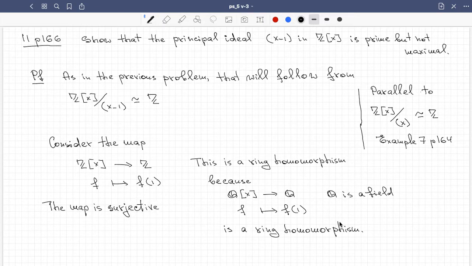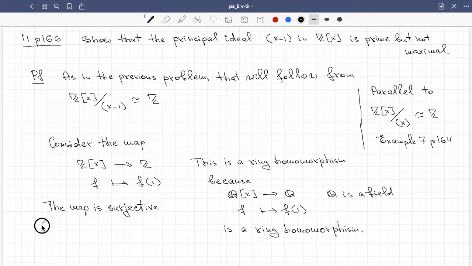We cannot derive it from this statement, but from the statement about polynomials with coefficients in the field of rational numbers, but that is obvious. We can make up a polynomial easily with any value at 1. Namely, constant polynomials will do the job. Their values at 1 are these constants themselves, so the map is surjective.